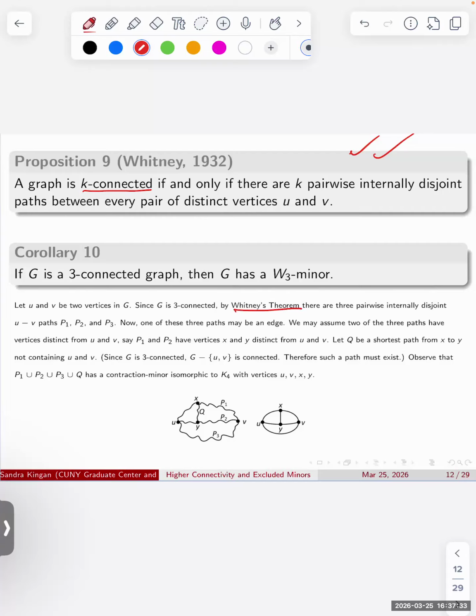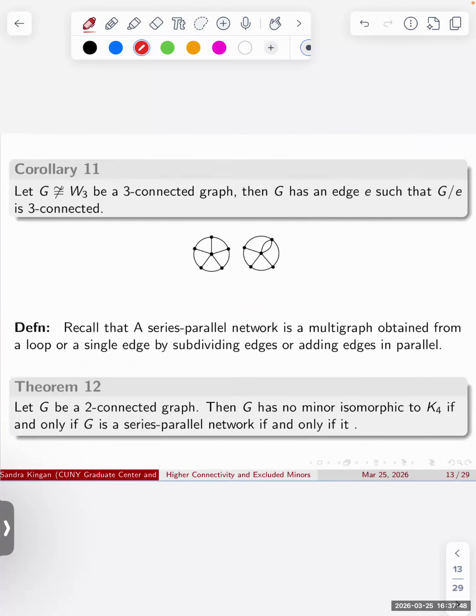But of course, Whitney's theorem sits on top of all those other theorems. And so if G is a three-connected graph, then it has a W3 minor. This is W3 right here. And I believe this is where I stopped in the first talk. Or maybe I did these, I'm forgetting.